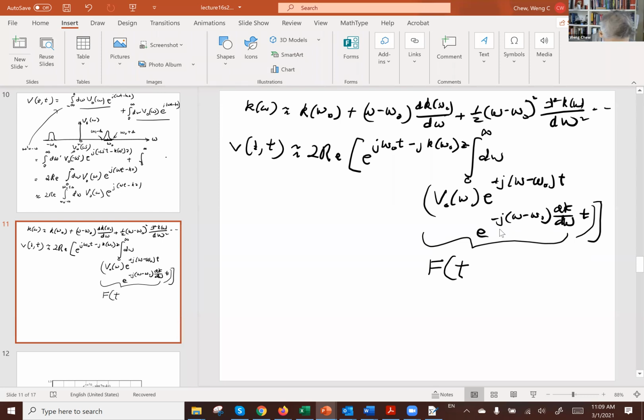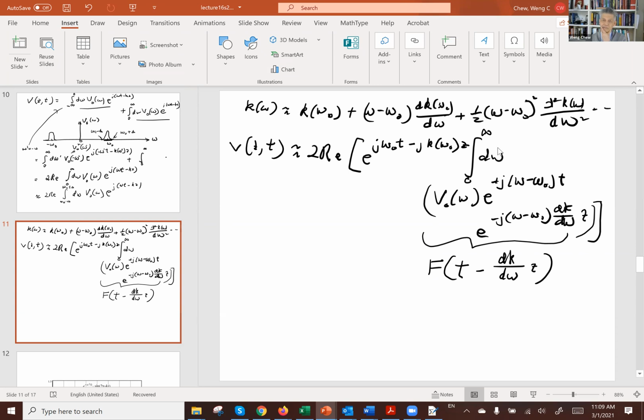If you factor out the time dependence, minus dk d omega z. Okay, so I have an error here. This would be a z dependence because I plug in k with this Taylor series expansion, and there should be a z dependence. And this would be a function of t minus dk d omega z.